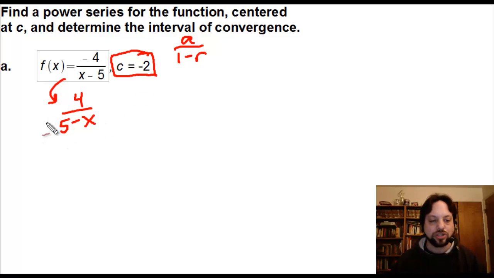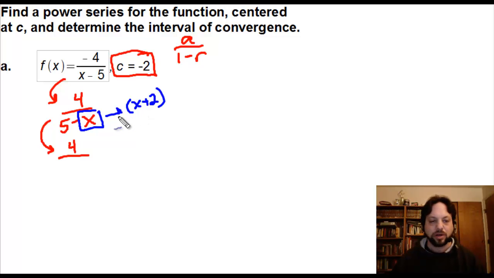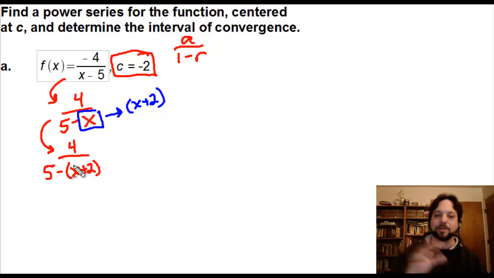In order to do that, this x right here actually needs to say x plus 2. So what can I do to turn x into x plus 2? It might be a little easier than you're anticipating, but I can literally just write it as x plus 2, so long as I balance out the fact that I just stuck a 2 in there.